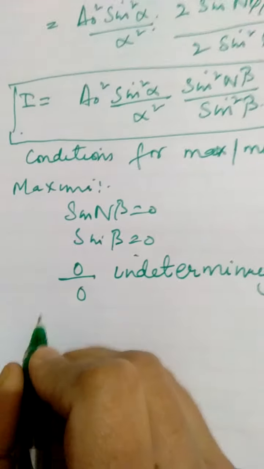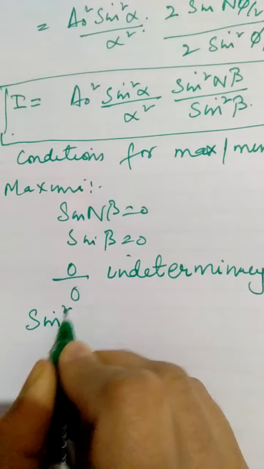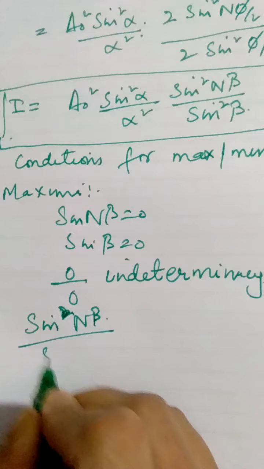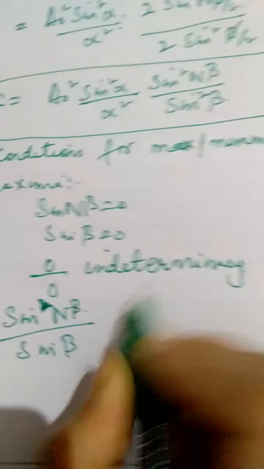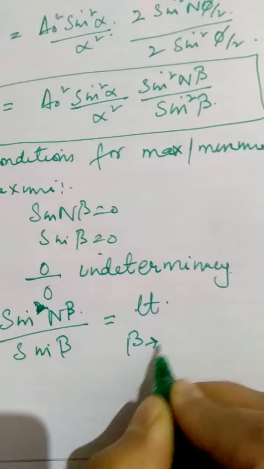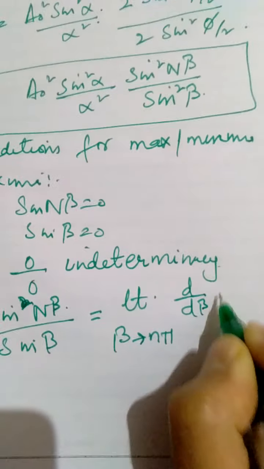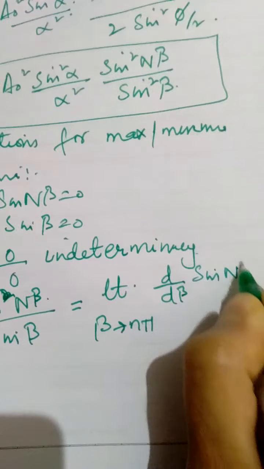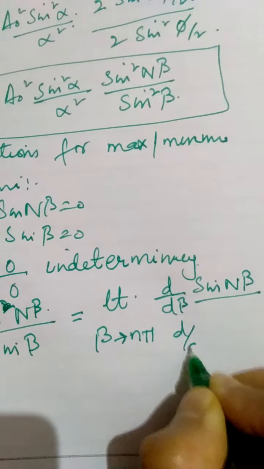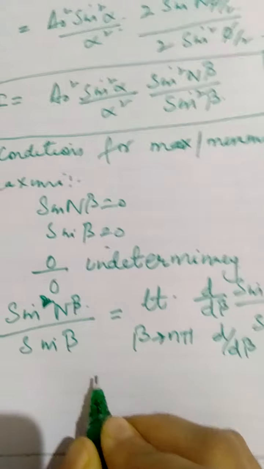So we may write it like this, that sin²(nβ)/sin²β is equal to the limit, suppose β tends to nπ, of d/dβ of sin nβ by d/dβ of sin β, right?